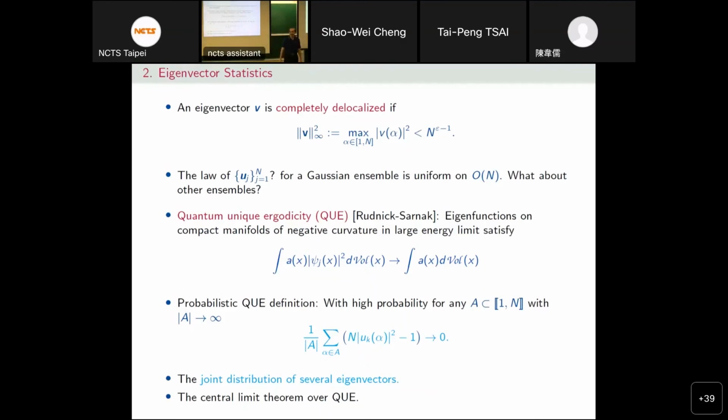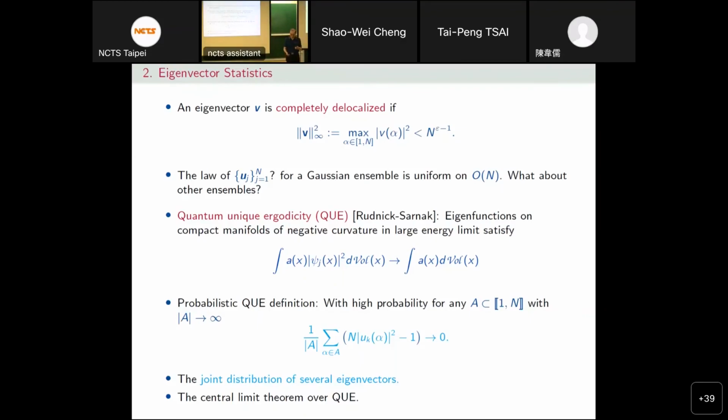Any other questions? In your estimate, you have n to the minus epsilon power.